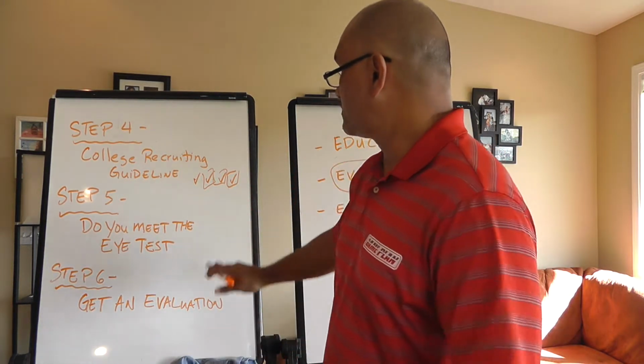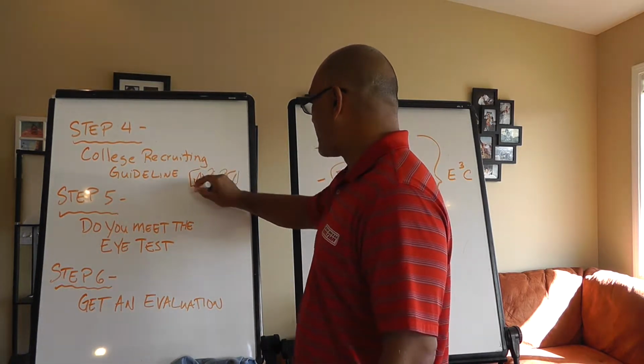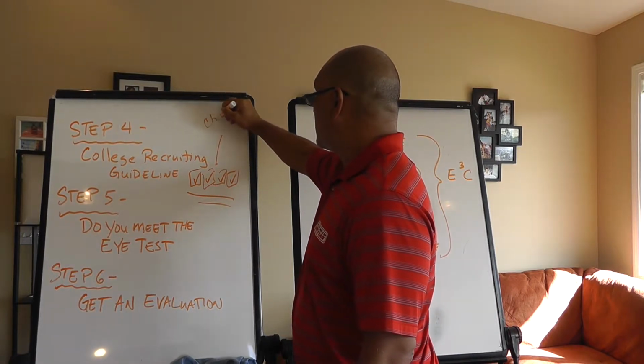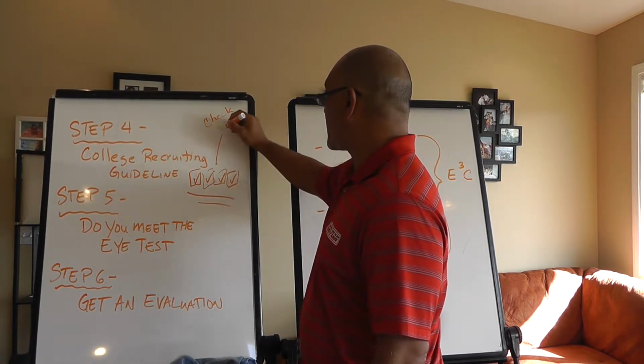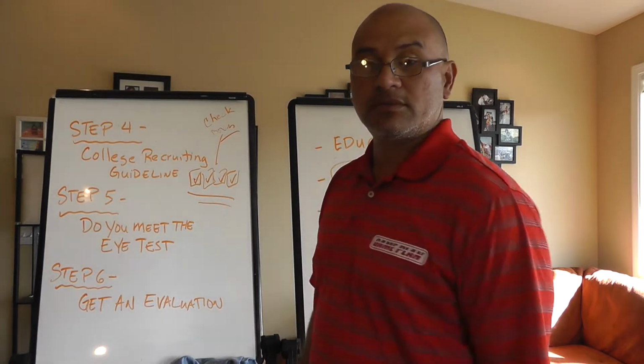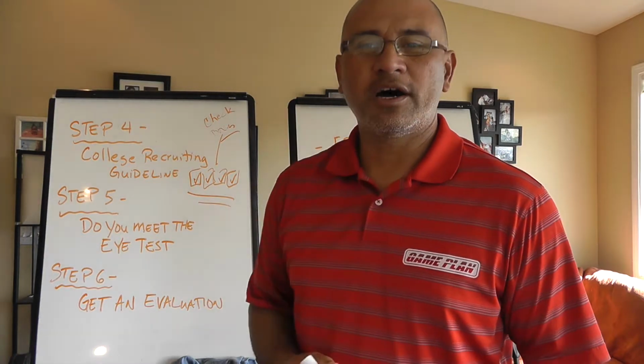So you gotta know if you check those boxes. If you check these boxes from the recruiting guideline, I think you're set, per each division that you are focusing on.